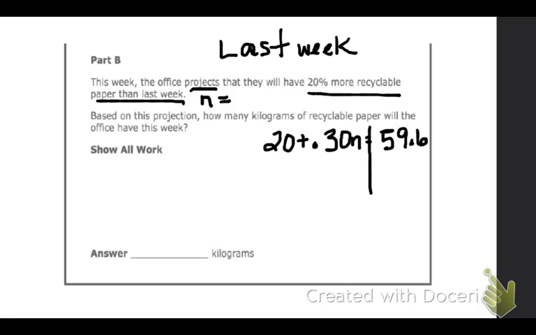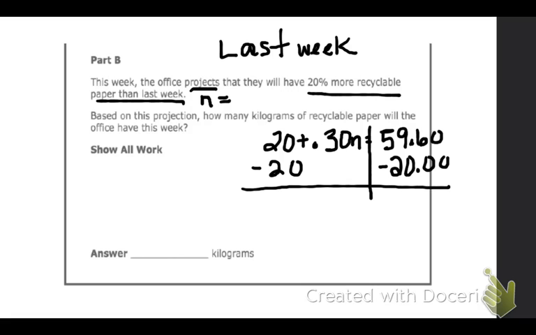Okay. We are going to subtract 20. I like to put a decimal point to remind myself that I had that decimal there. And if you had 60, you would just put 2 there. And you'd be left with 0.30 n equals 39.60.